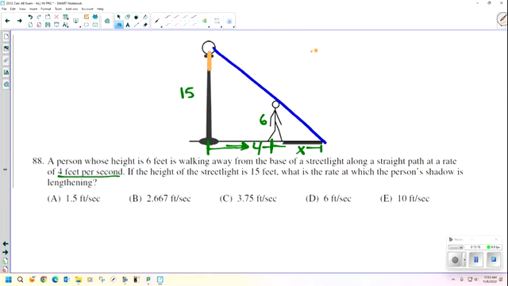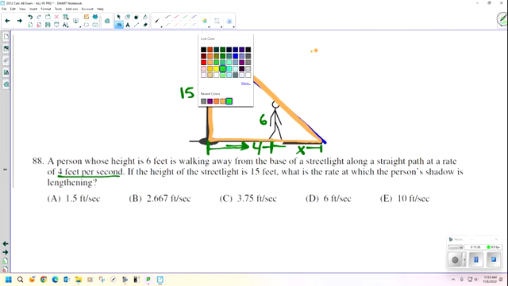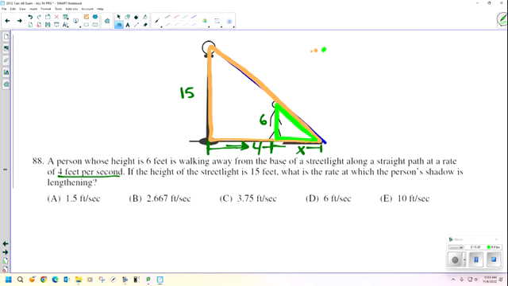This big triangle is similar, and now we'll use this mint green because that's my calculator color. They're similar triangles, and sides of similar triangles have the same ratio. What do I mean?